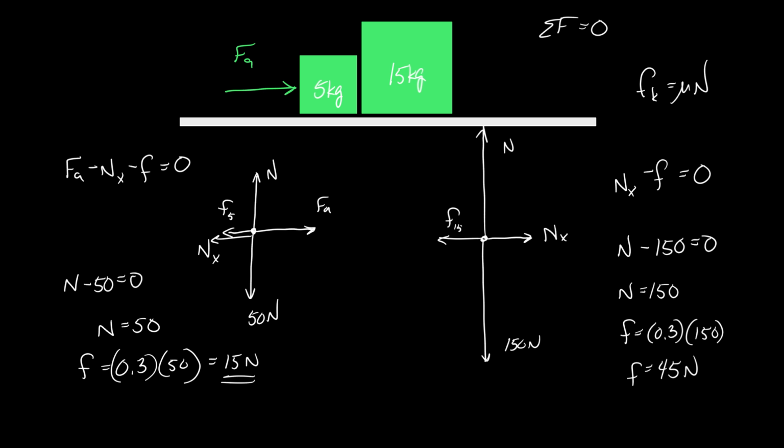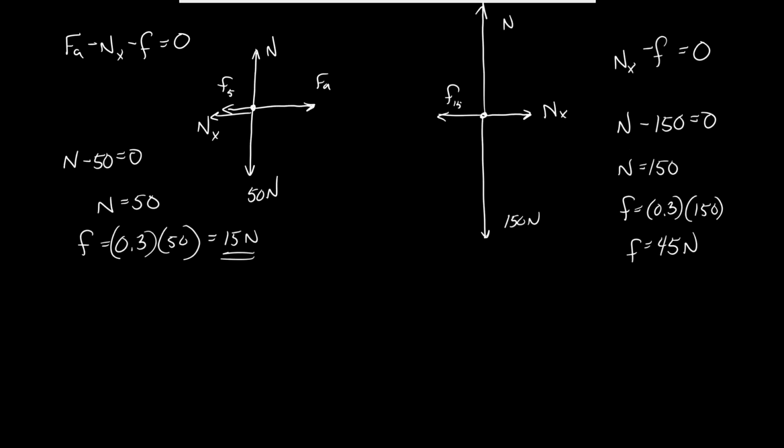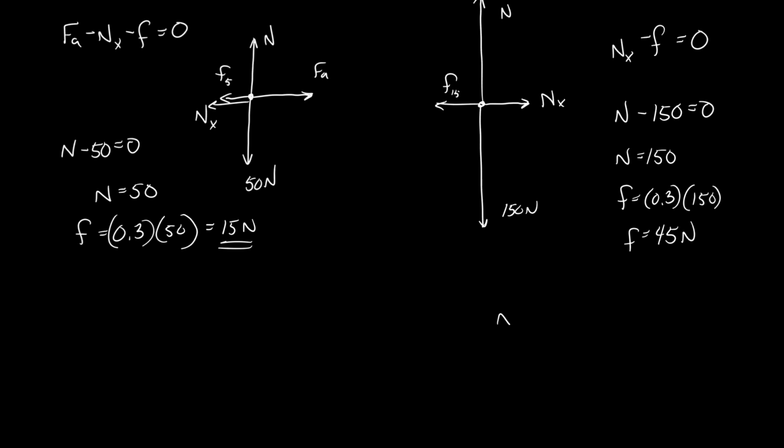So let's put all these things together. NX minus 45 equals 0. So the normal force between the box must be 45 newtons.